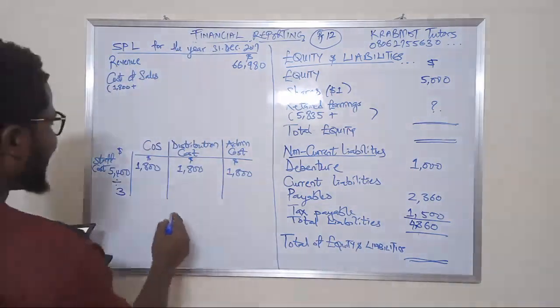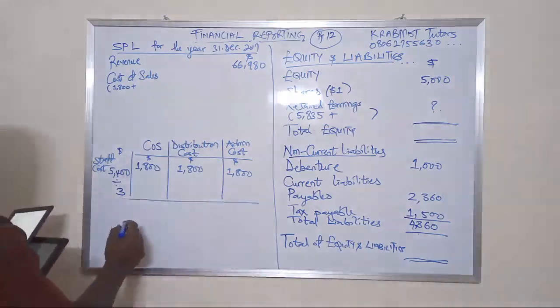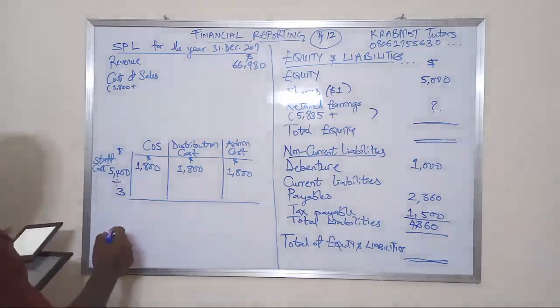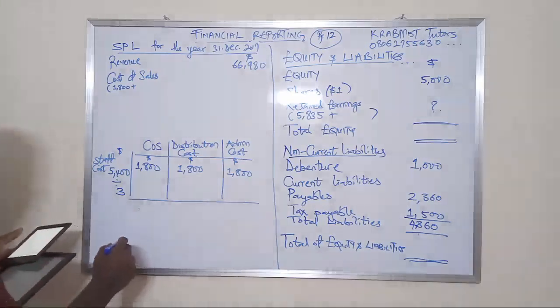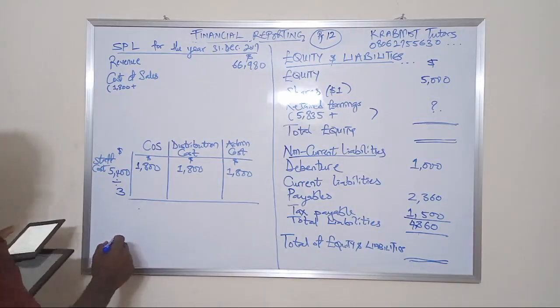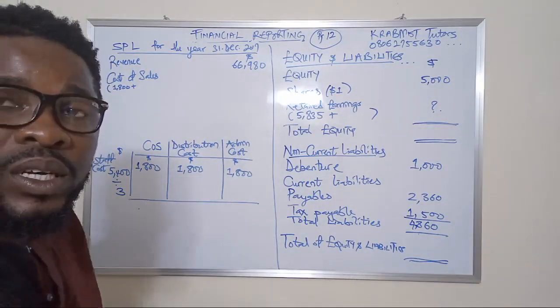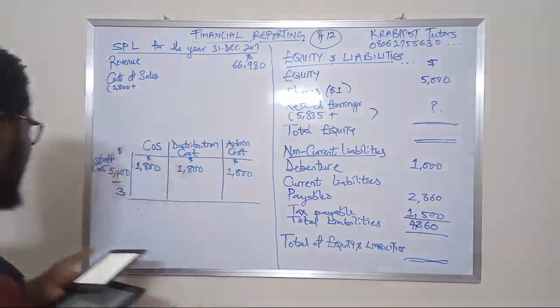Because what we are trying to do is, I need you to write that figure for me. The inventory that was in the statement of financial position.